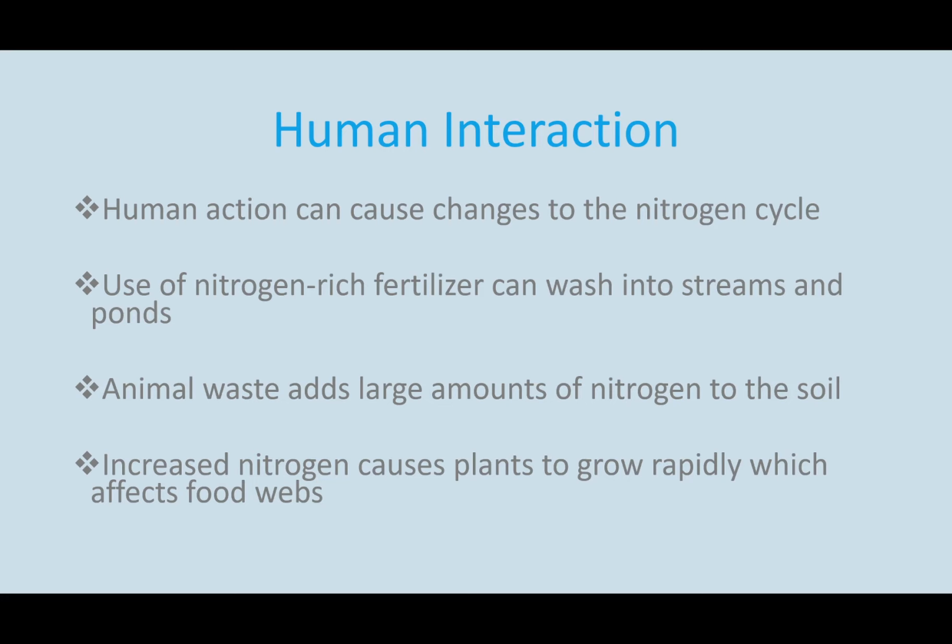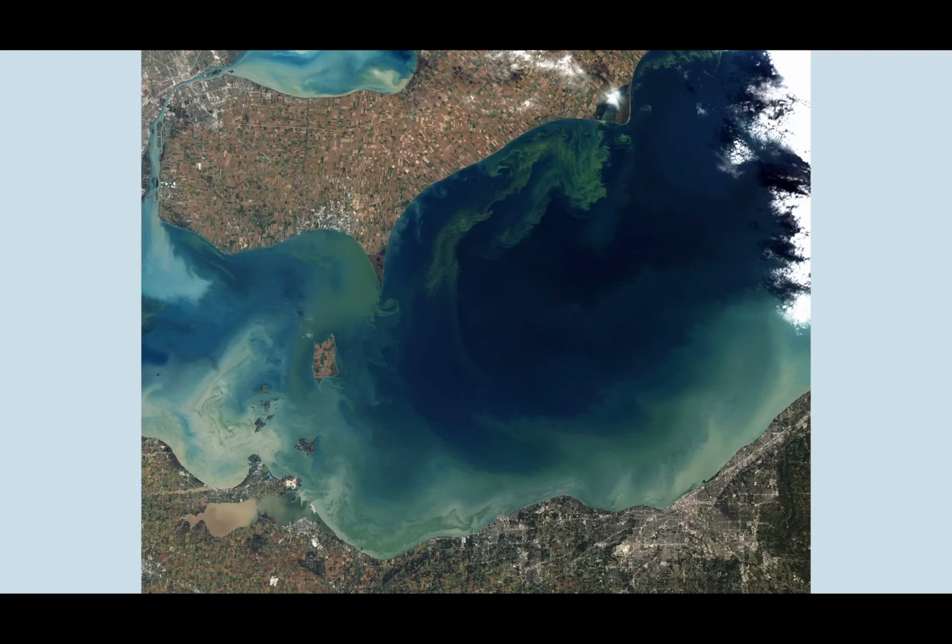But when all the plants get eaten, it'll cause a decrease in everything else. So you could see this wave of drastic increase and drastic decrease go through a food chain or food web. This is another example of how human interaction can affect the nitrogen cycle.